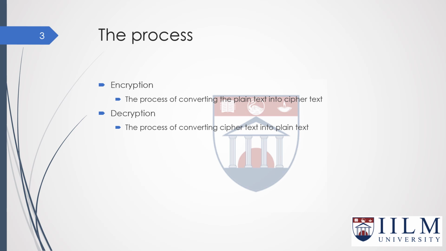The data that is meant to be sent, that we can read, is called plain text, and the data that we actually send, jumbled up with some keys, is known as ciphertext.